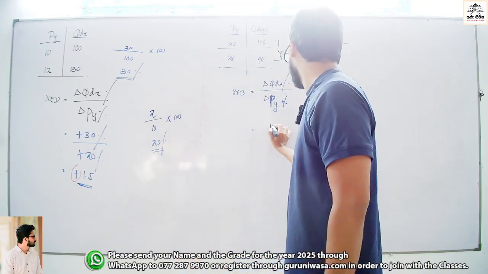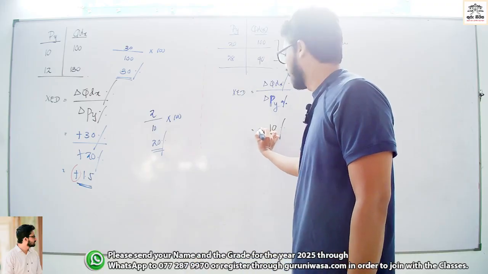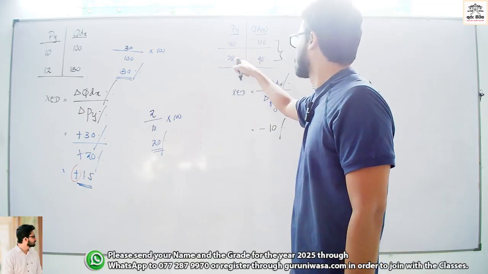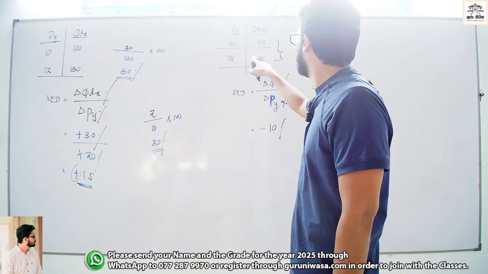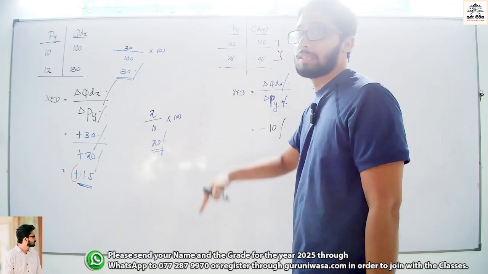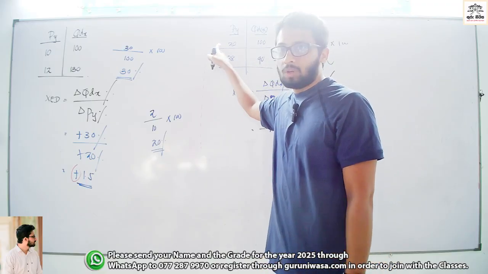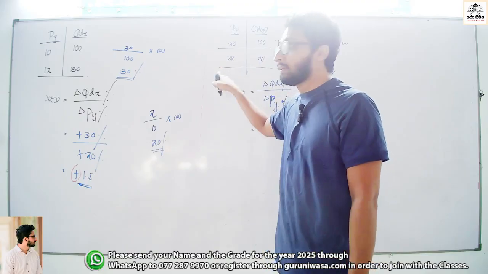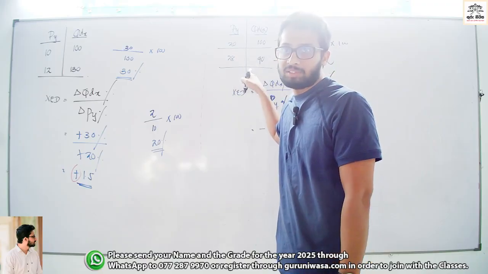Is it a positive value or a negative value? Negative. When the price of good Y rises, the quantity demanded of good X falls. For example, if petrol or fuel prices increase, what happens to vehicle demand? It reduces. You get the point?